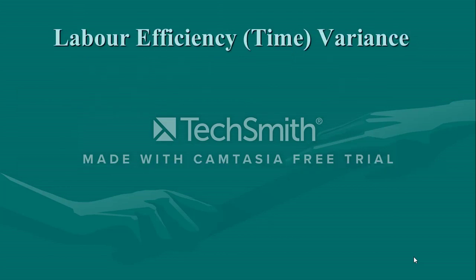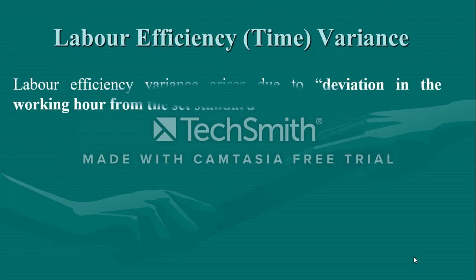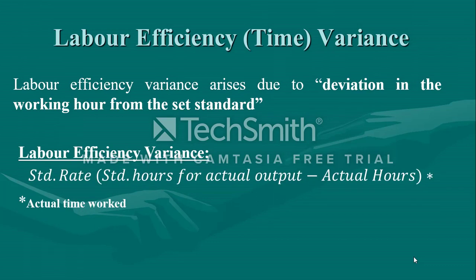Next, labor efficiency variance is also called labor time variance. Labor efficiency variance arises due to deviation in the working hours from the set standards. The formula for calculation of labor efficiency variance is standard rate into standard hours for actual output minus actual hours.